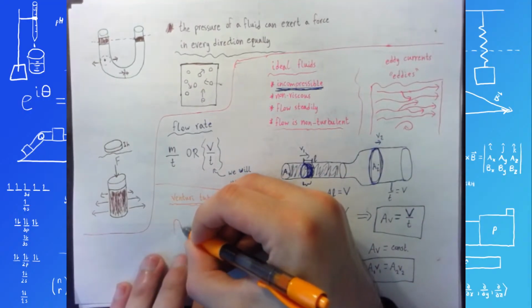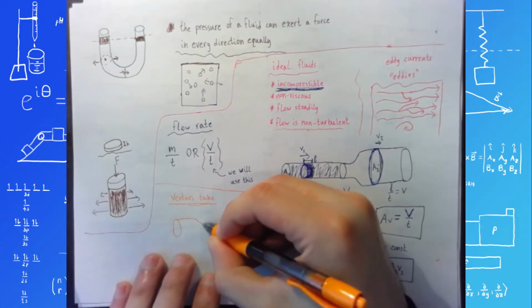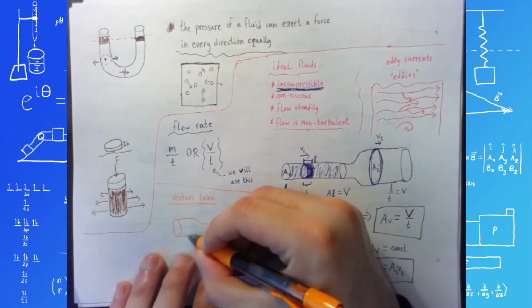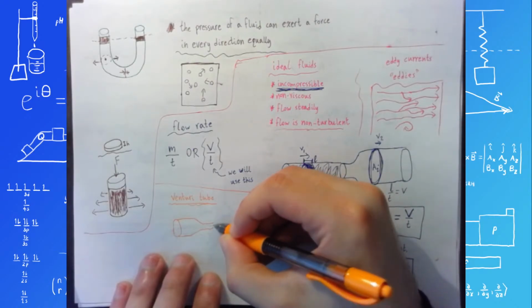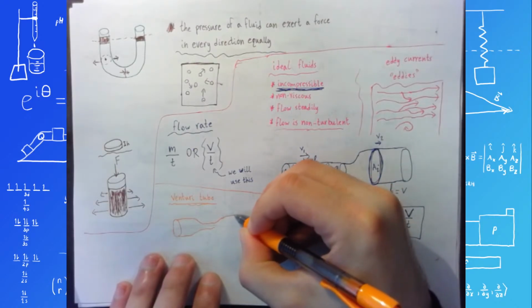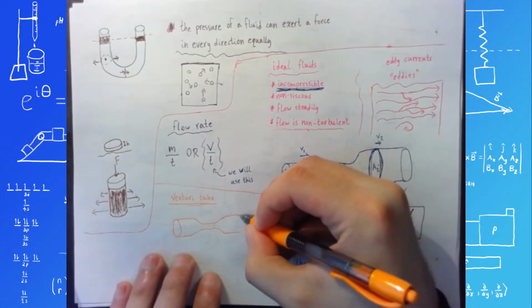But yeah, a Venturi tube is basically this device that can be used to measure the speed of a fluid's flow. And it relies on this idea. It relies on the equation of continuity.